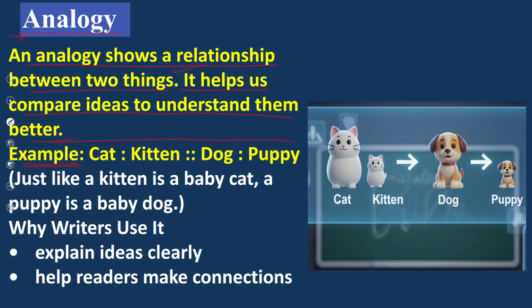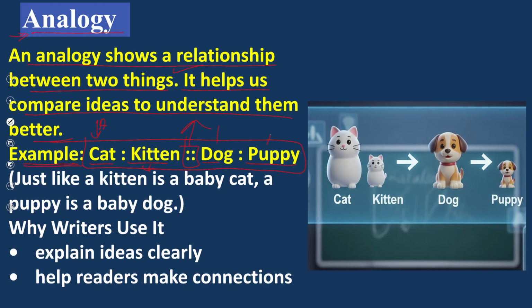This is the proper formation of an analogy. Yes, this is the sign of using an analogy. Look at this. Cat, kitten, dog, puppy. Now you can clearly understand, here is the cat and here is the kitten. Here is the animal and the other one is its young.